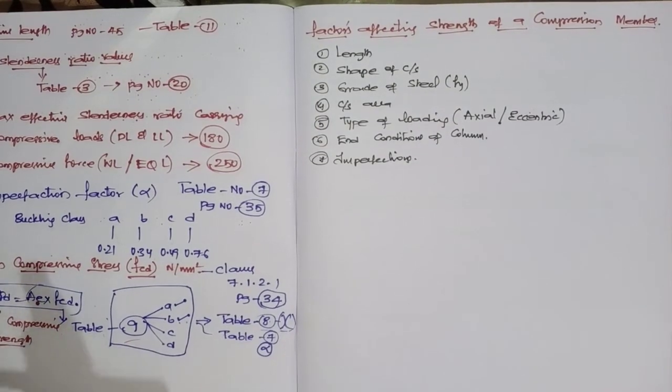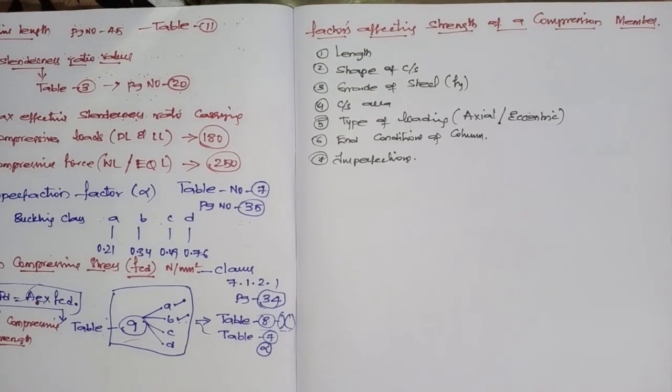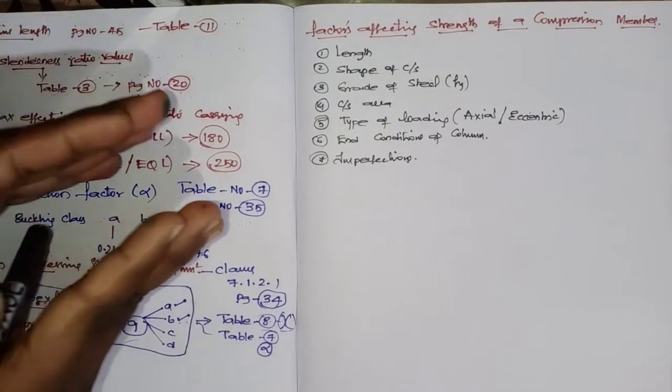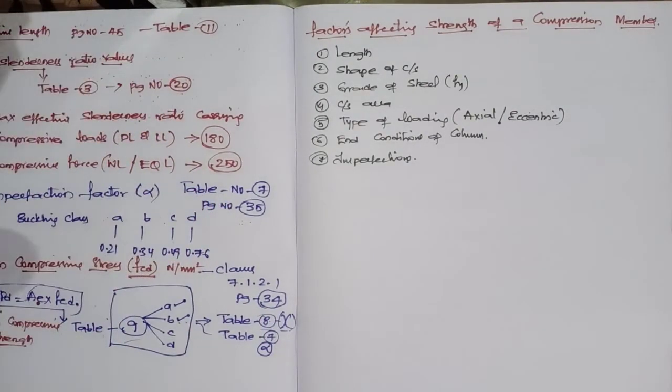Residual means some stresses are developed inside the member. They are permanent stresses, and before loading some stresses will already be developed, that is what we call initial bow. Loading may be eccentric, and there may be non-uniformity of the cross section, meaning the member may not be uniform throughout its length.